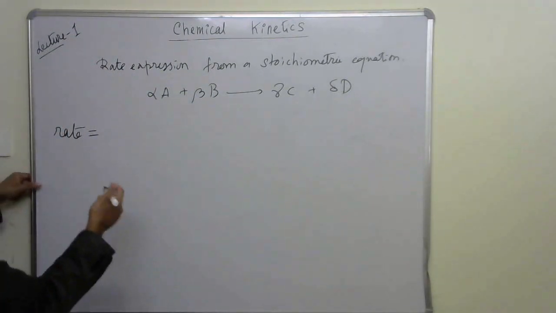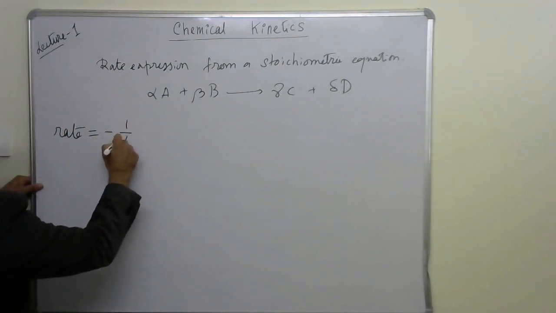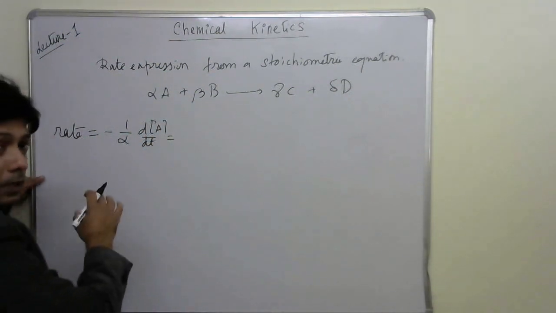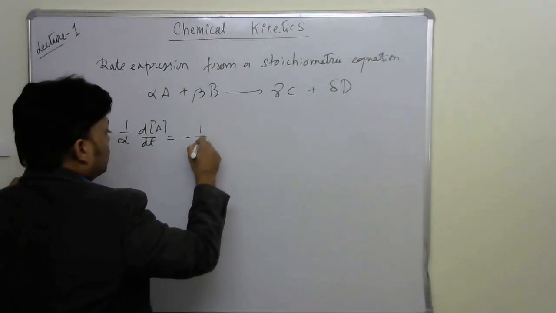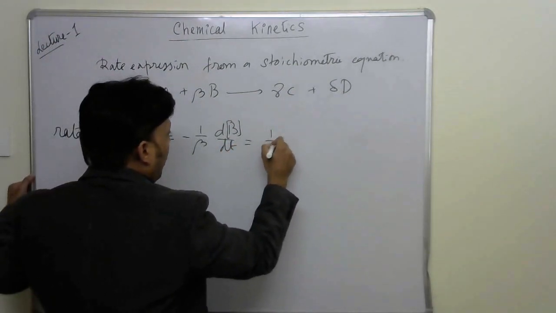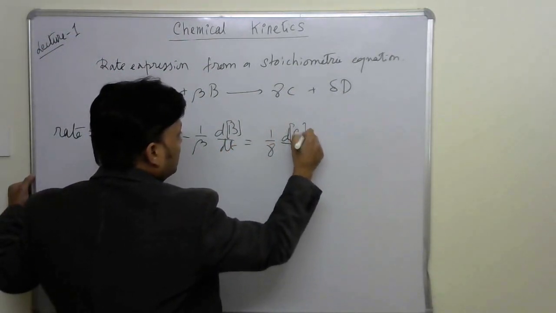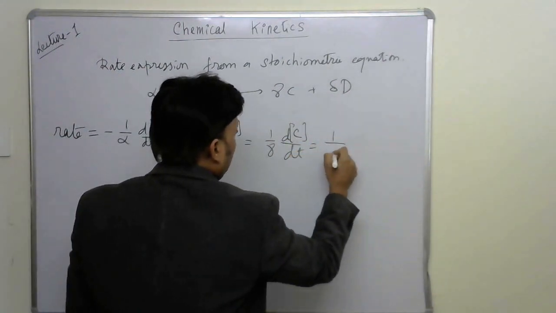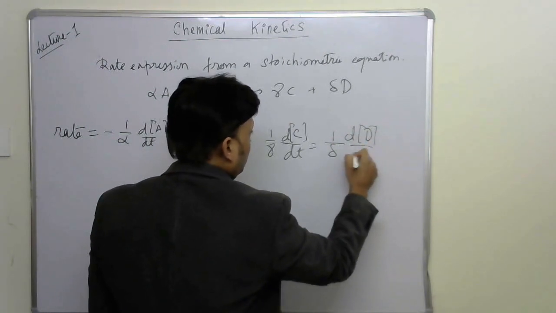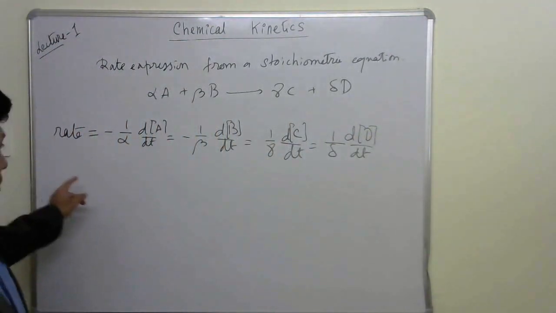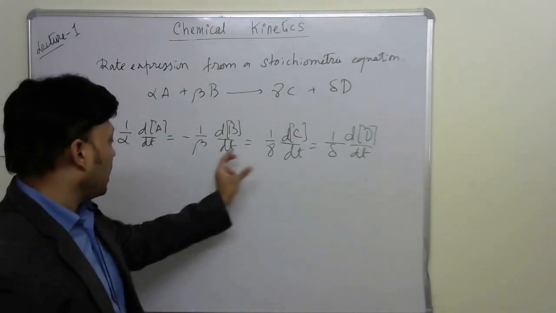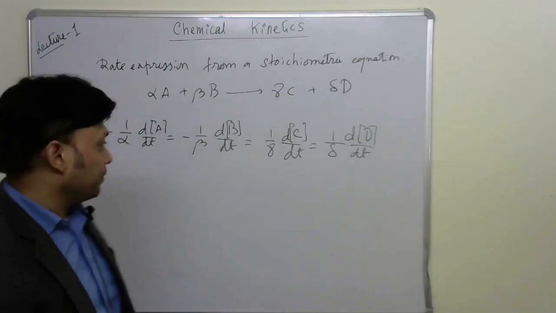That is how we actually express it: minus 1 over alpha dA/dt is equal to the rate or speed, is equal to minus 1 over beta dB/dt, is equal to 1 over gamma dC/dt, and by writing the square bracket I am denoting the concentration of the species. So this is always true for any stoichiometric reaction. We have to use this kind of generalized rate expression.